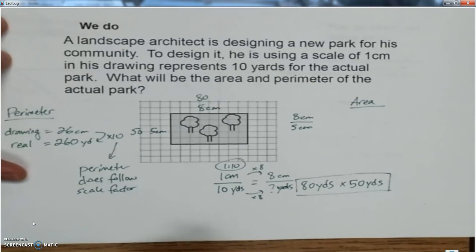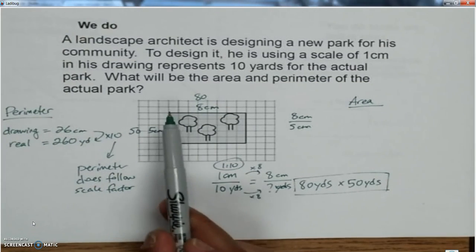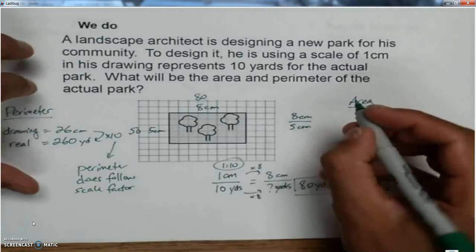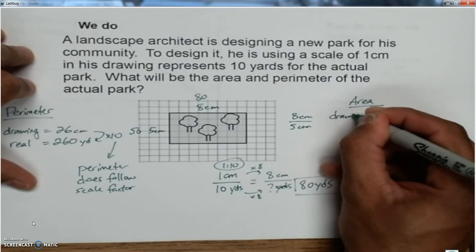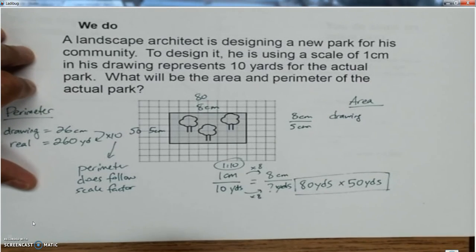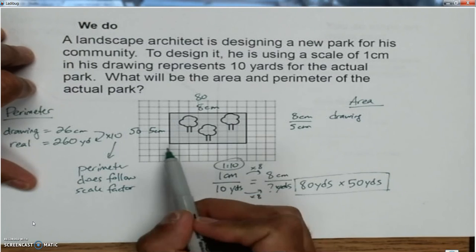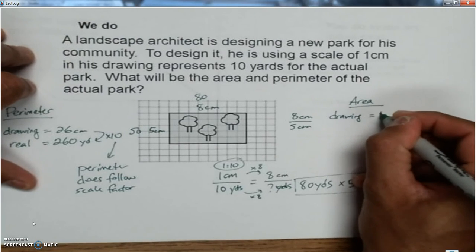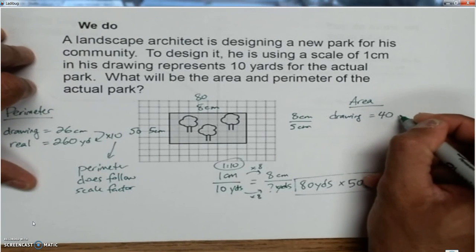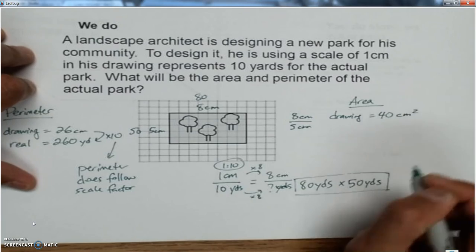The area is not going to be 10 times the area of the drawing. The area of the drawing, it's a rectangle, so it's pretty easy to do. Length times width, or base times height, would be 8 times 5 is 40 square centimeters.